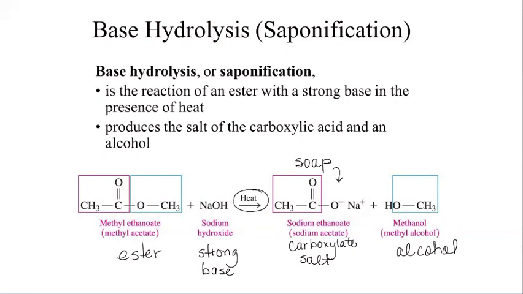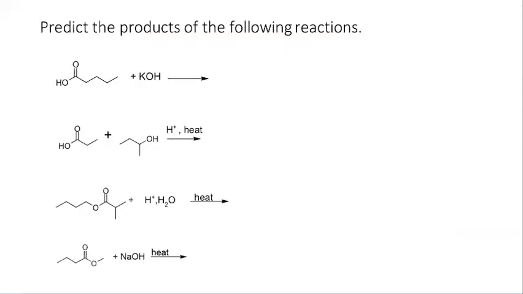So now let's actually go through some problems to determine how to write or predict the products for reactions involving esters. And I put in some of the ones for carboxylic acids here, okay? So let me number these reactions and let's go through them one by one.